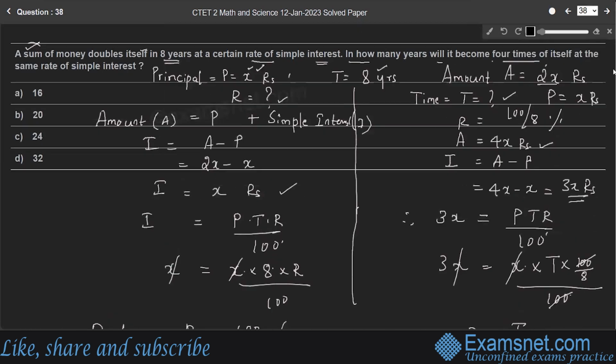So in 24 years the sum of money becomes 4 times itself at the same rate of interest. In how many years? In 24 years. Option C is the right answer.